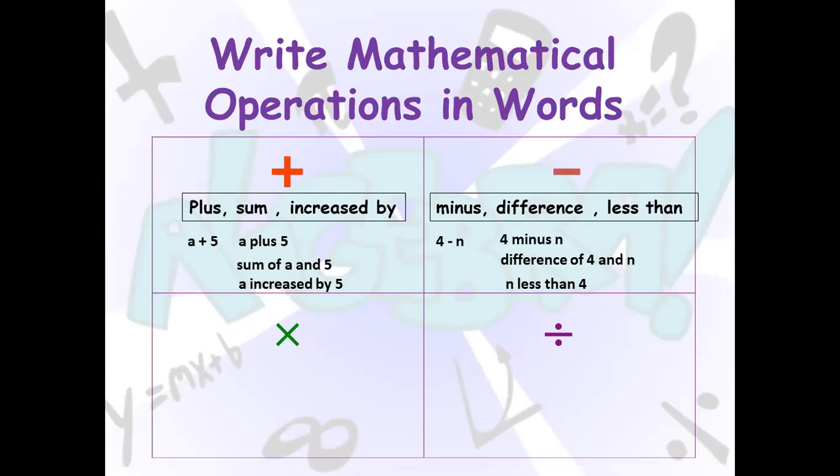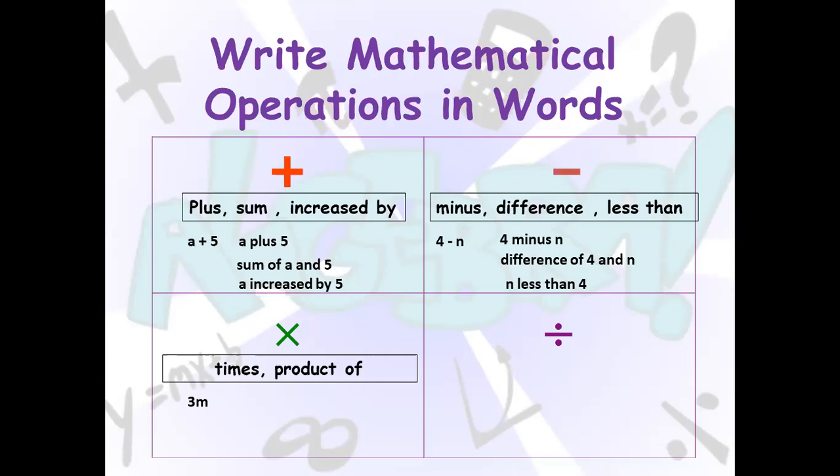Okay, now let's move on to multiplication. For multiplication, there are very limited words. You can use the words times, product of, or multiplied by. These are the 3 words you can use, but I just took the suitable ones, times and product of. So let's see how we write an expression in words using these terms.